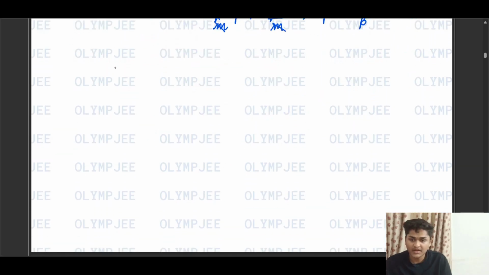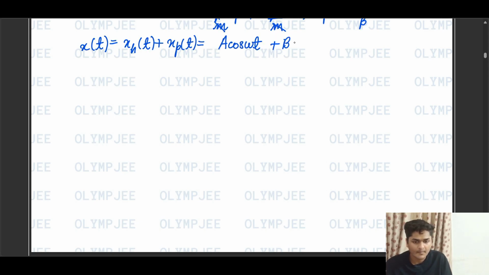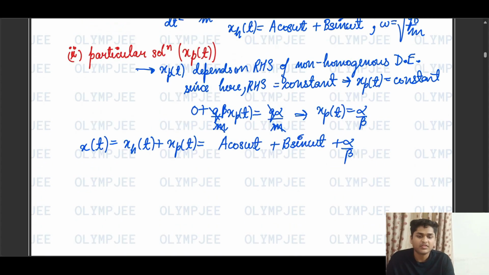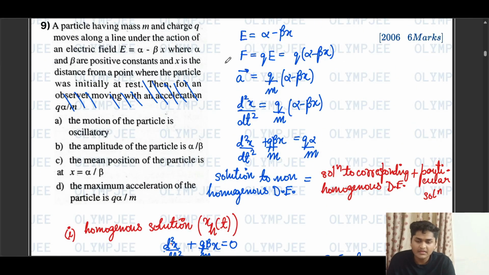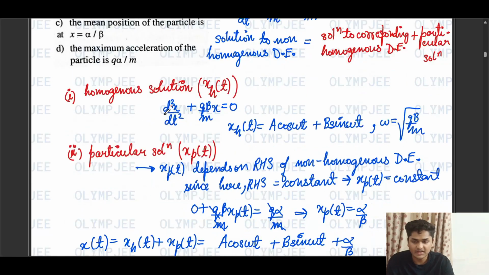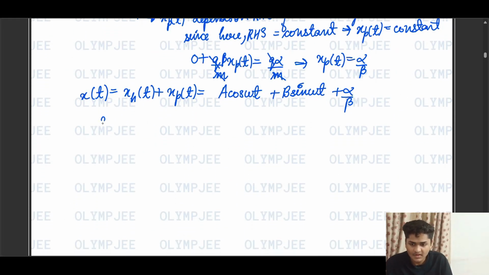So the final combined solution will become, since x is the distance from where the particle was initially at rest. So if we take the initial position to be at origin, then at t is equal to 0, the particle was at origin. So x at time t equal to 0 was 0.